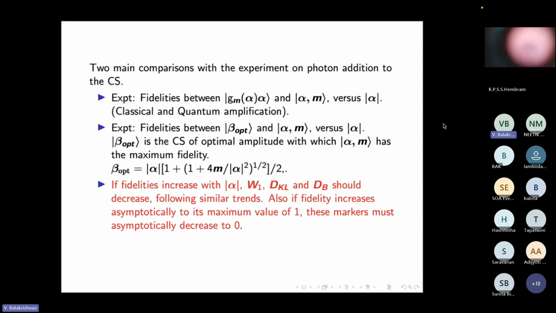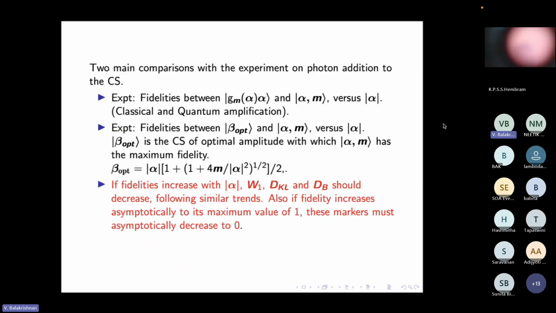Also, beta opt is the coherent state of optimal amplitude with which alpha comma m has the maximum fidelity, and beta opt is defined here. The experimenters have also obtained the fidelities between beta opt and alpha comma m. Fidelities are obtained only after the state is reconstructed. So the experimenters have gone through the process of reconstructing these states and then looking at the fidelities.